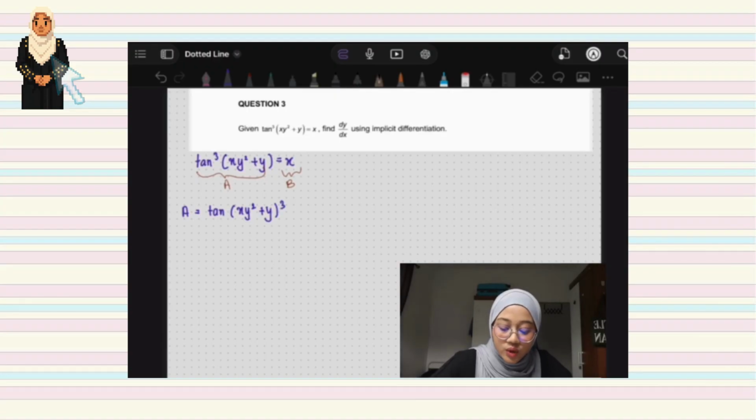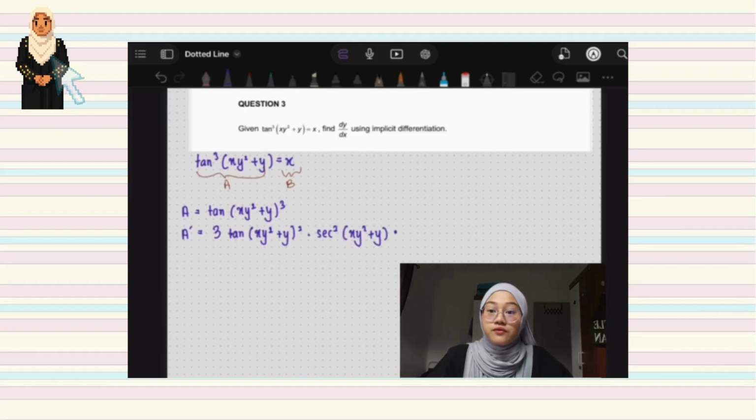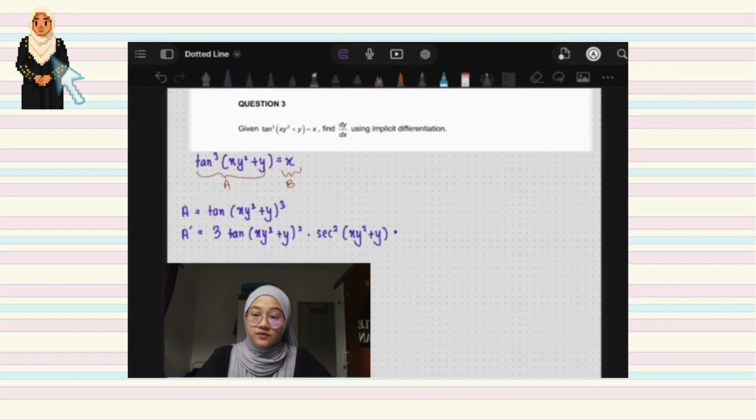For a, I will rewrite this and differentiate it as usual. For xy, we will differentiate using the product rule, which is u v prime plus v u prime. We need to do it one by one.